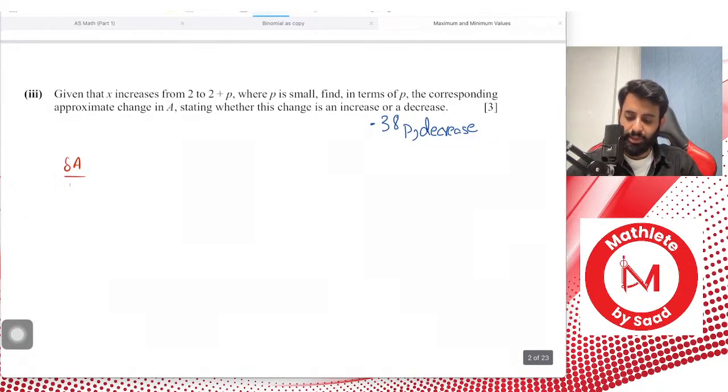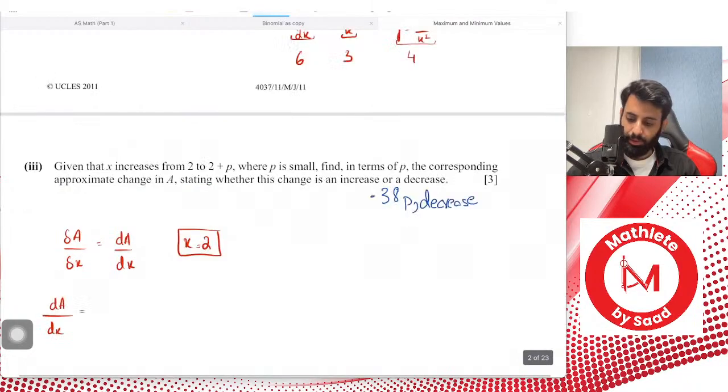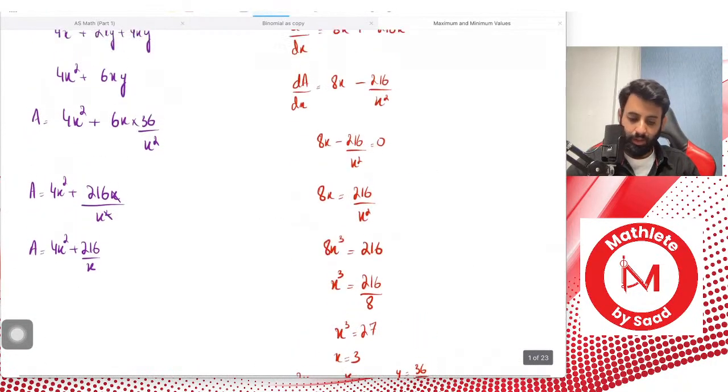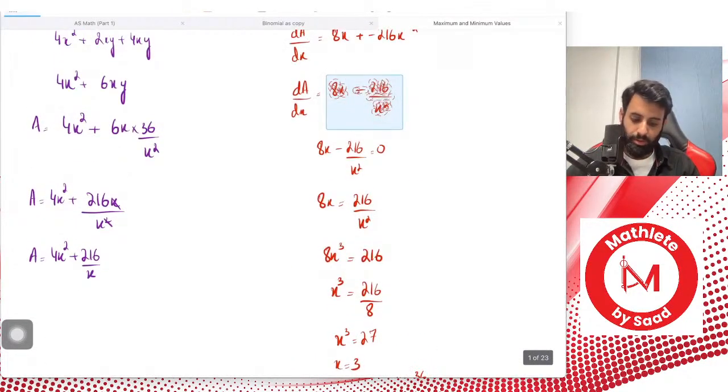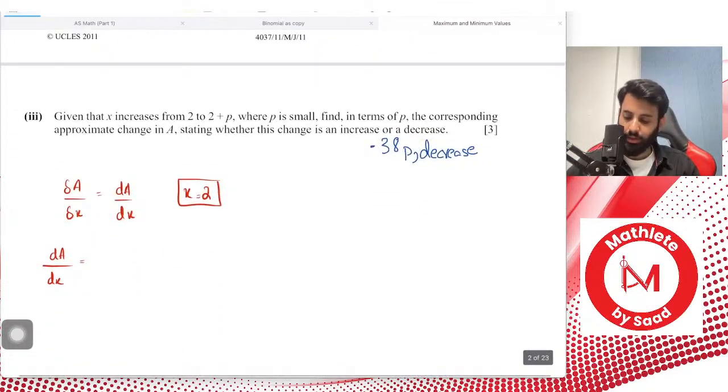The formula is approximate change in A over approximate change in x is actually equal to dA upon dx. Okay, and what's the value of x? The value of x that you're starting from is actually 2. As far as dA upon dx goes, we know what dA upon dx is equal to. That is equal to 8x minus 216 upon x square. So we're just going to copy paste that.